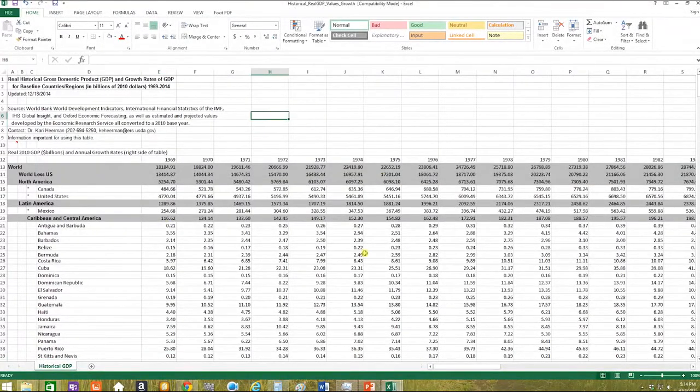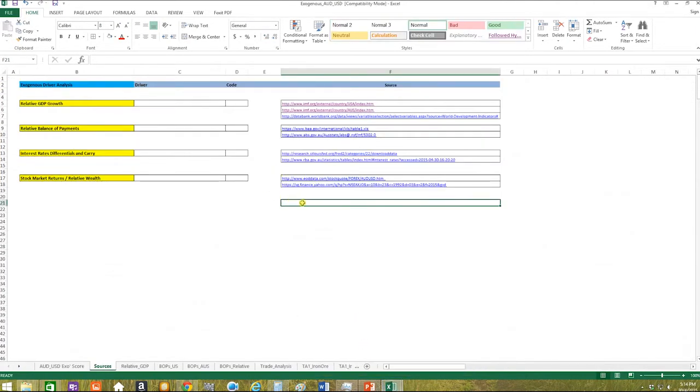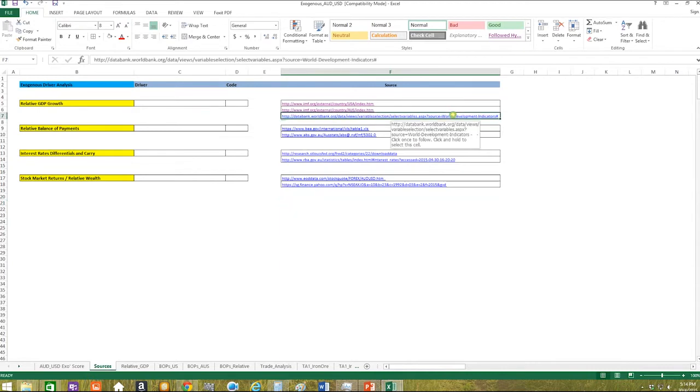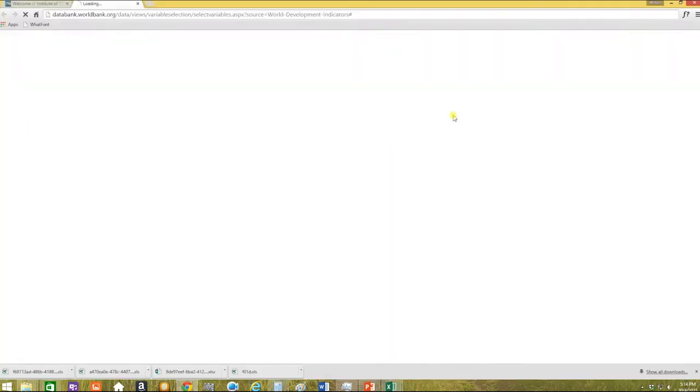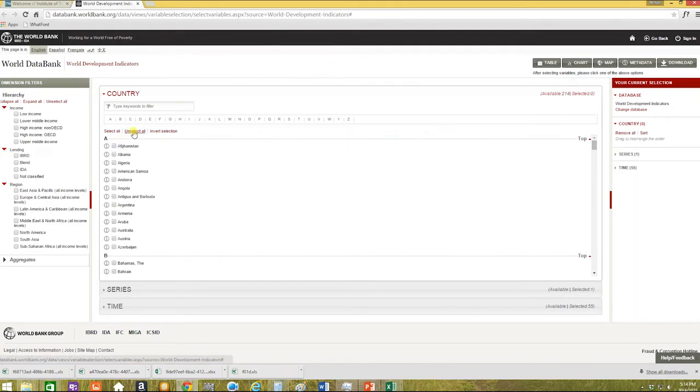And all you have to do to get this data is go to this World Bank link here. This will take you directly online, and we're given a dataset variable choice. So when you first click into it, you'll be given country, series and time, and nothing will be selected for each section.